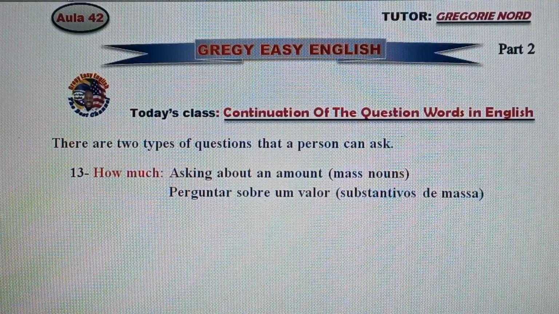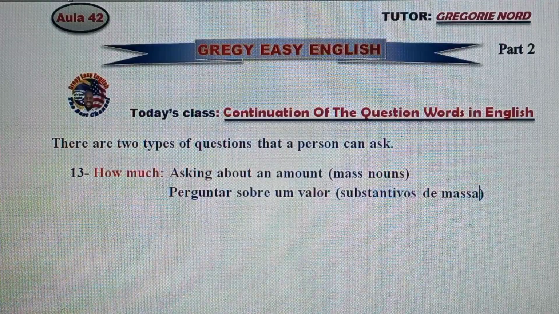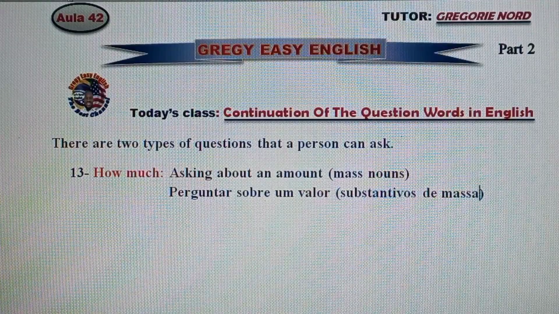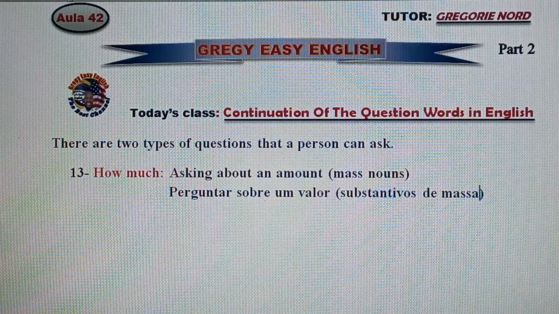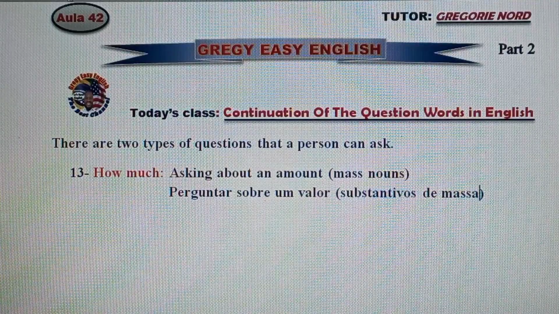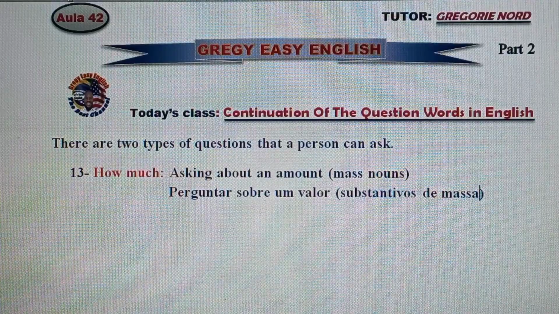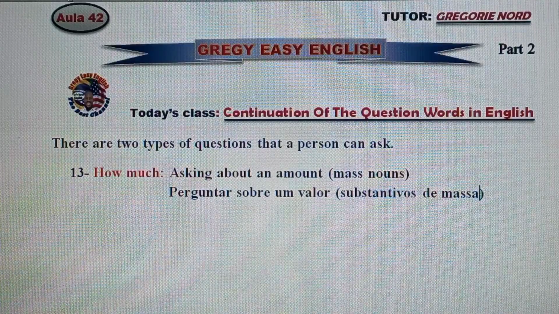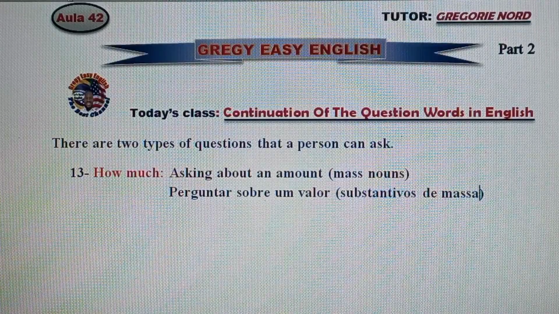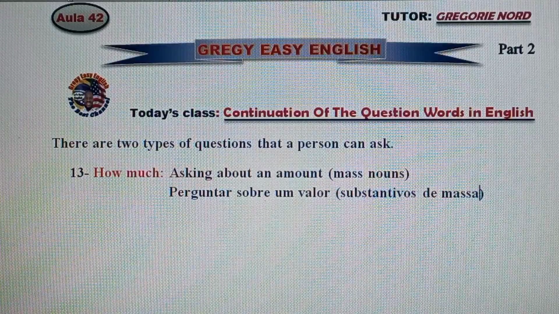Olha aí, pessoal. How much, asking about an amount. How much, pergunta sobre valor. Porém, é valor substantivo de massa. Significa how much, pergunta sobre uma coisa que não dá para contar.